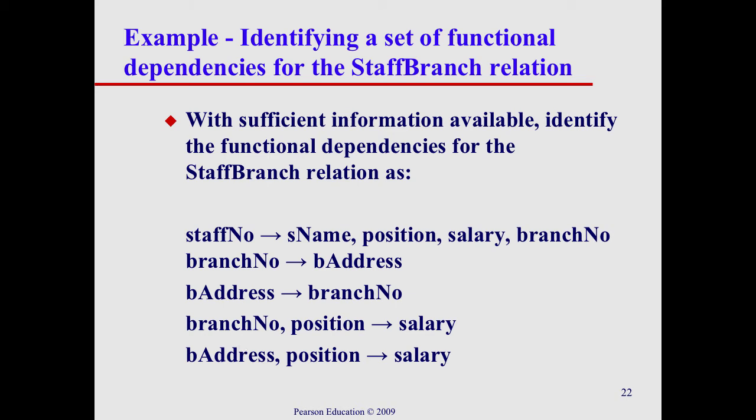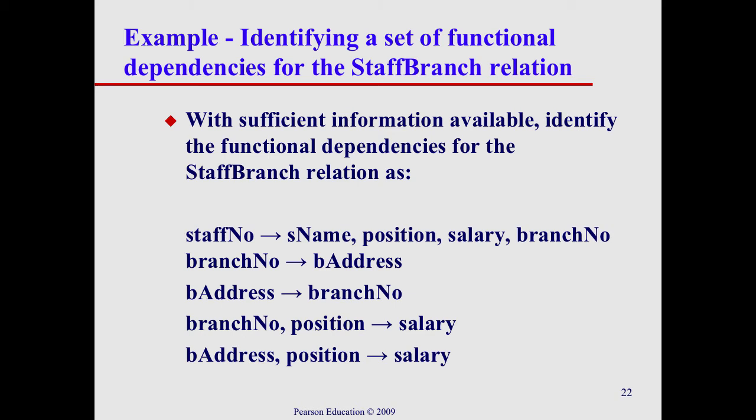So the obvious one would be branch number, position determines salary, and staff number determining everything else. The subtle ones are branch number determining branch address, branch address determining branch number, and branch address and position determining salary. That's kind of teasing it out from the other relations.